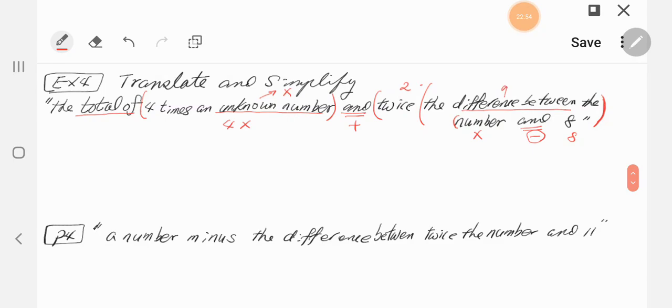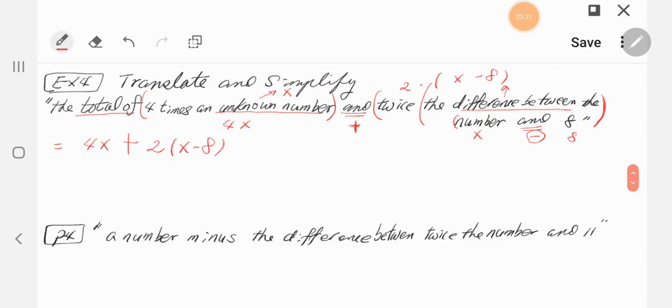So this expression will be x minus 8, right? So why don't we write it down? Okay, the total of the first part is 4x plus. Plus means the sum, right? Sum. And the second part is twice this expression. And the other expression is the difference. So parenthesis x minus 8.